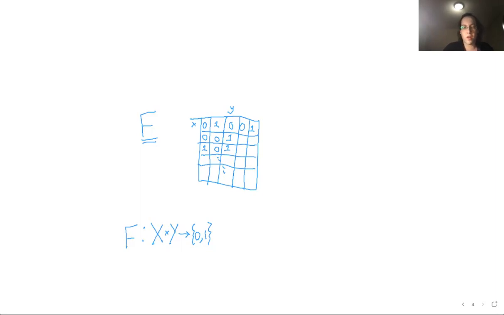So often we will denote a communication function like f acting on the cross product of some finite sets X and Y, but that's equivalent to acting on pairs of strings.